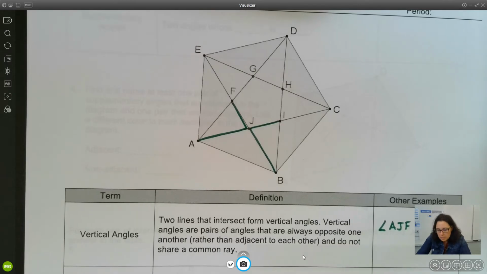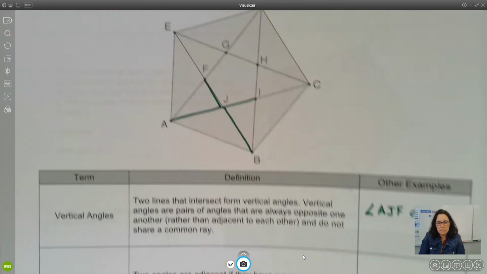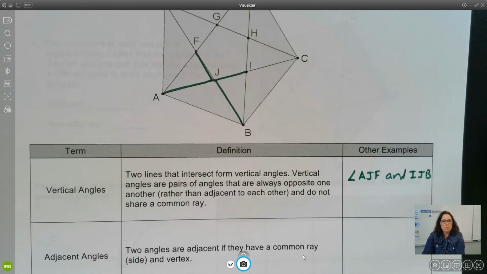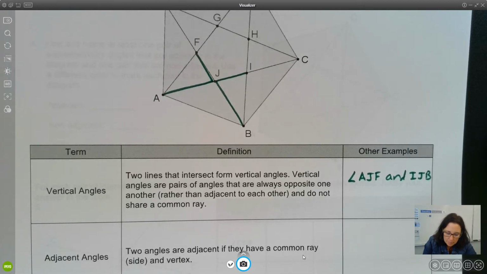That's an example. Let me scooch that up. That's one example. There are a bunch in that picture. That's an example of vertical angles. Okay.